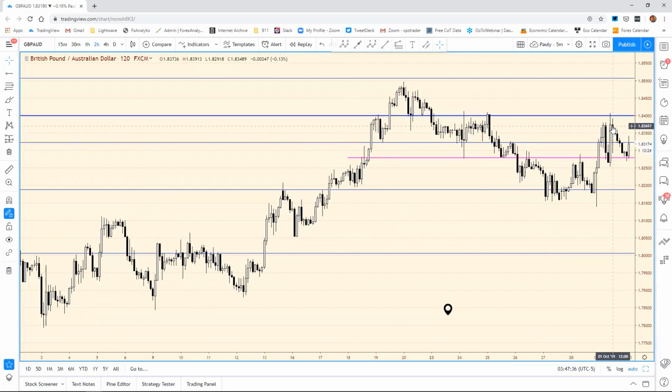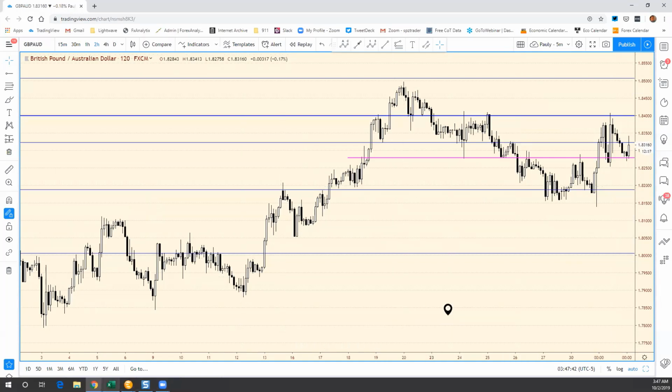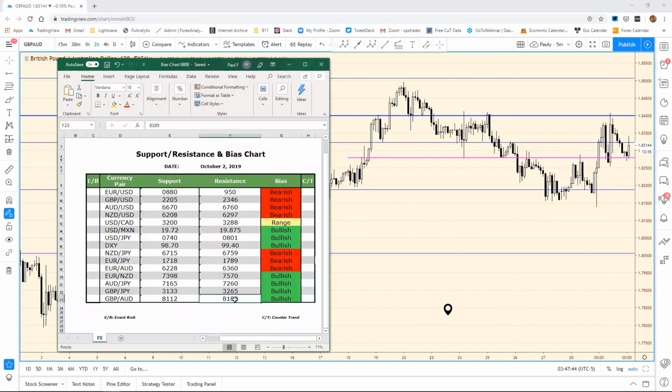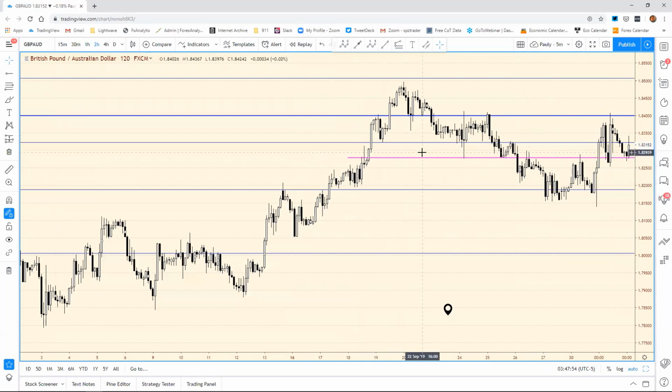We'll actually put the resistance just below that, which is going to be right there at 83.70, with support coming in at 82.38.